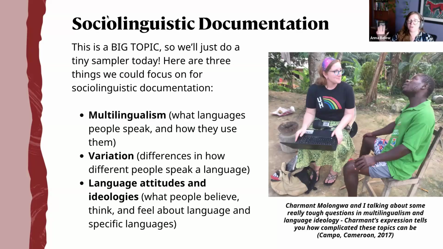I'm asking him all these very abstract questions, like, what are your language ideologies and how do they relate to what languages you use in a given day? And he's just looking very thoughtfully, trying to get a hold on all of the complexities around how language use works. It was a very abstract and fun conversation, and I think both of our minds were blown a lot during this conversation.